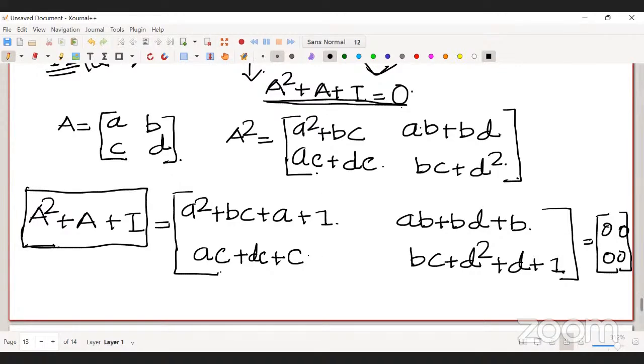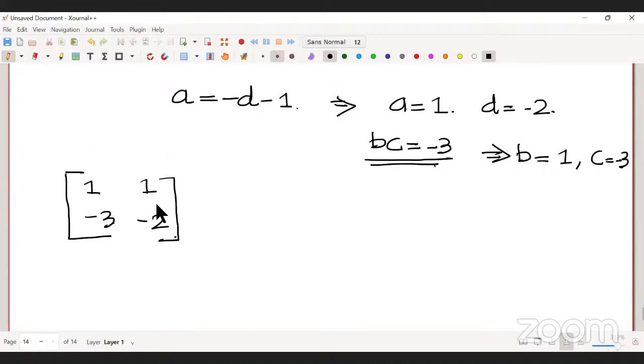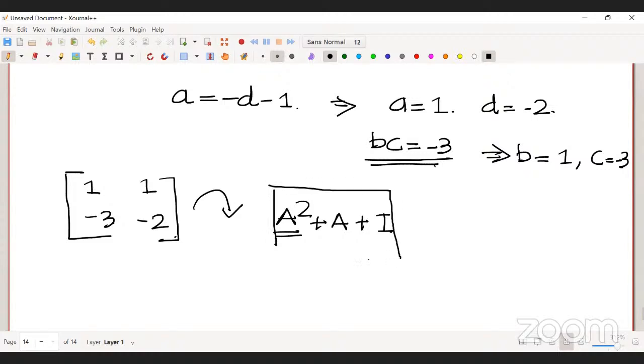Because finally, whatever matrix you are forming, you have to check whether this matrix satisfies this condition or not. If you take big numbers, it will be difficult to compute A squared and you have to do more calculation. If you take small numbers, it will be easier. Is it clear? Yes, yes.